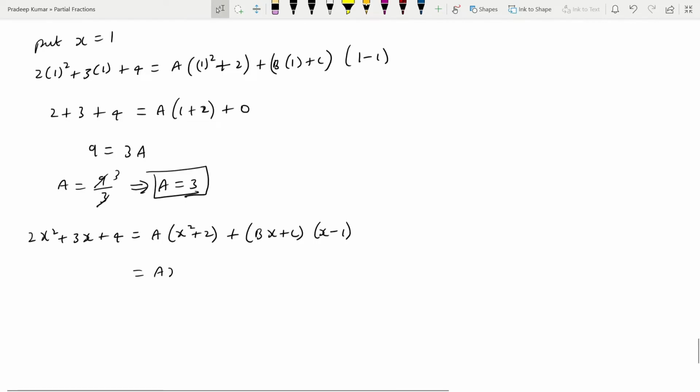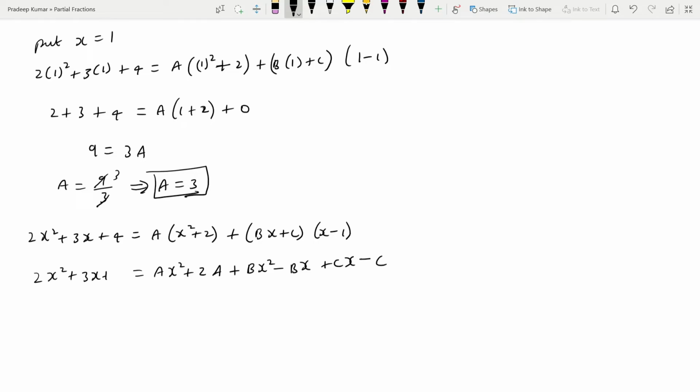So ax square plus 2a, plus this also we'll just multiply. So I can write bx square minus bx, c also multiplied, plus cx, c into minus 1, minus c. So we got this as a particular equation, and before that we just have to compare the coefficients and we need to solve this forward.